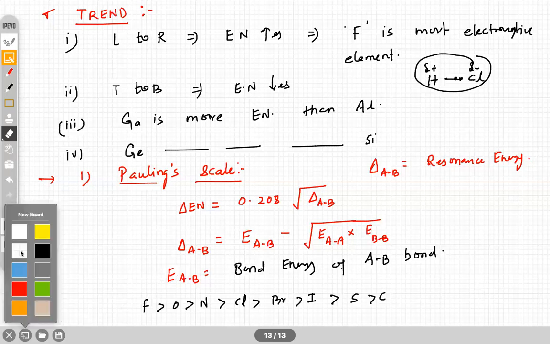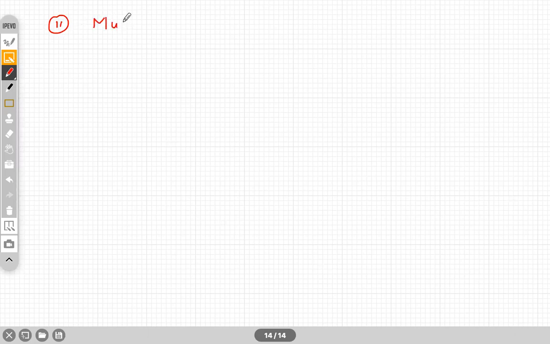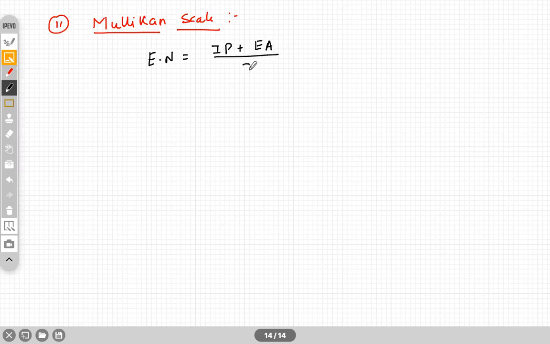Now, one more thing just before the break. One more formula we have by which we can calculate the electronegativity difference. We call it the Mulliken scale. Mulliken scale is basically the average of ionization potential and electron affinity, this divided by 2.